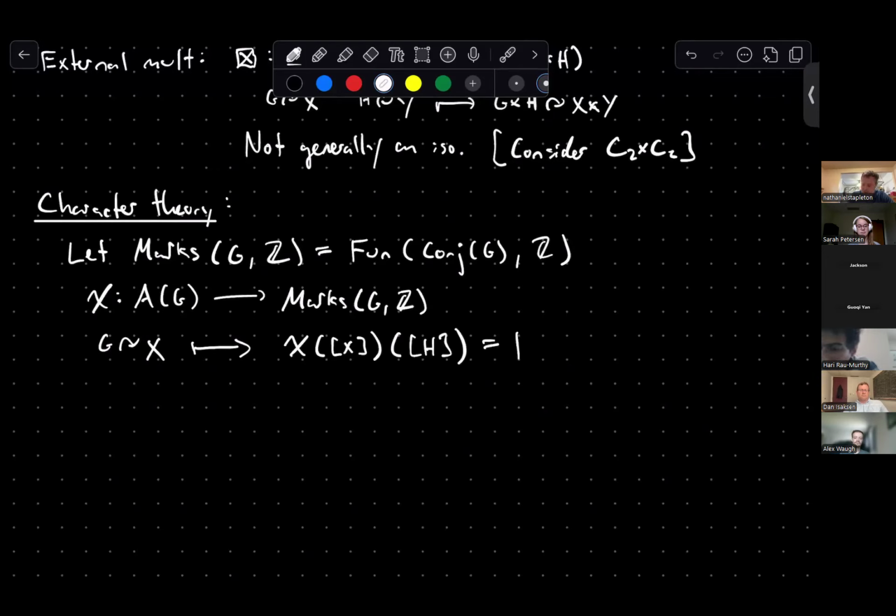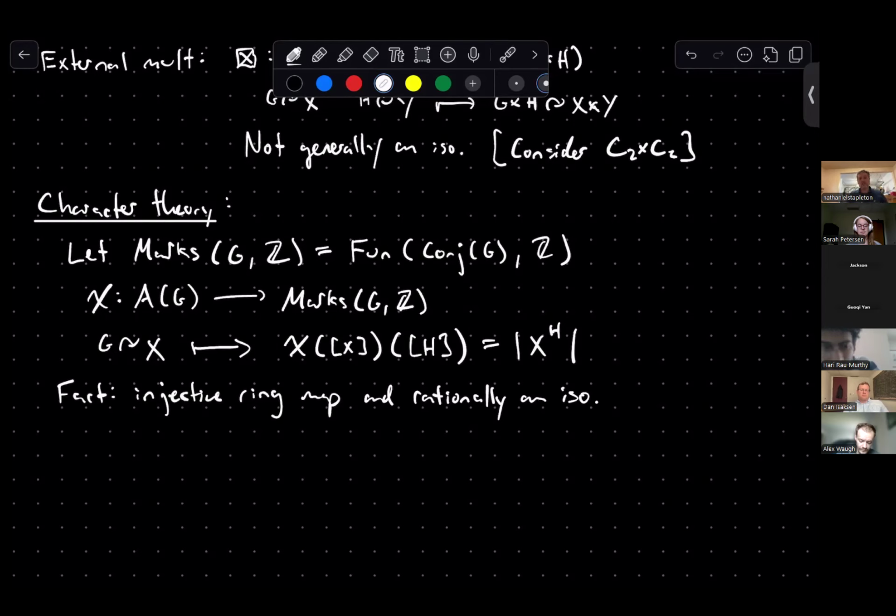That integer is just the order of the fixed points for the H action on X. Fixed points is an extremely well-behaved construction, and so this turns out to be an injective ring map.